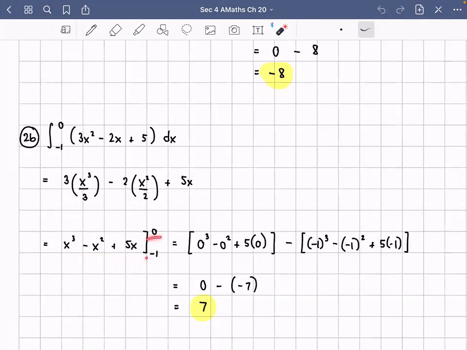For the upper limit, same expression, we just plug in 0, minus same expression, but now we plug in -1 for our lower limit. Simplifying this, our answer here is simply 7. Now let's begin with another set of examples.